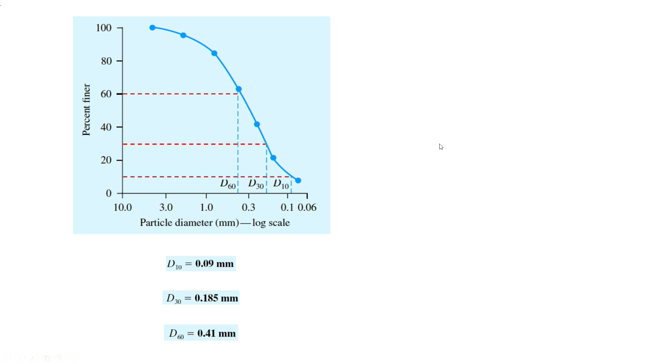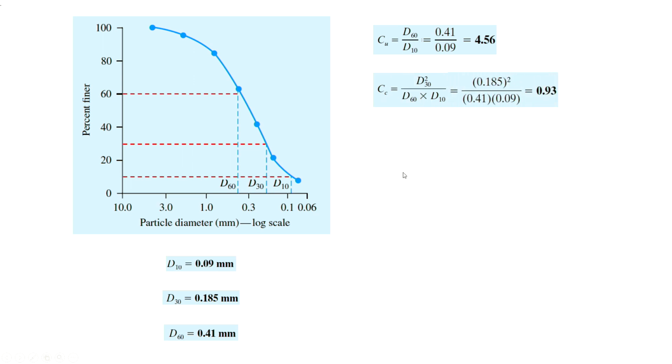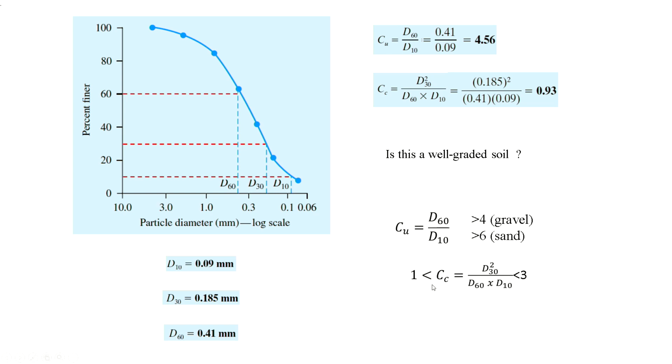And with these three, you can calculate CU, and you can also calculate CC. Finally, you can analyze if this is a well-graded soil, right? Because we said that if it is a well-graded soil, the CU and CC should meet some requirements. With these two requirements, you can define if it is well-graded soil.